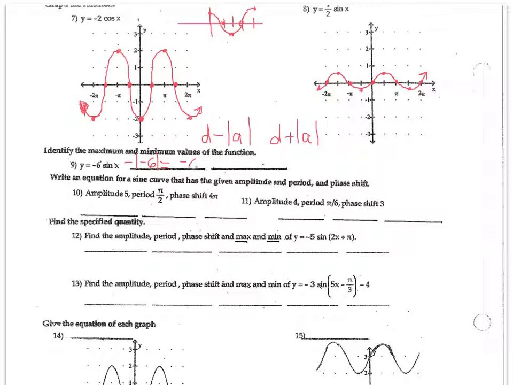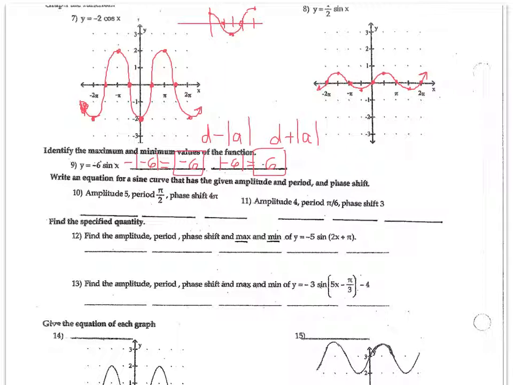So -6 is the minimum. And the maximum is just the absolute value of -6, which is 6. So minimum, maximum.